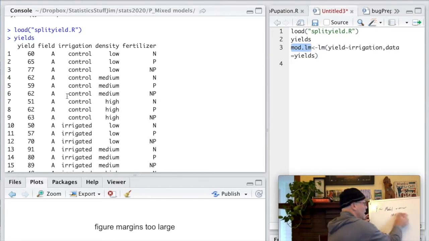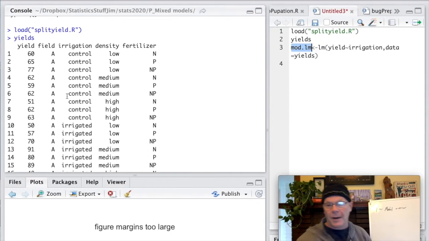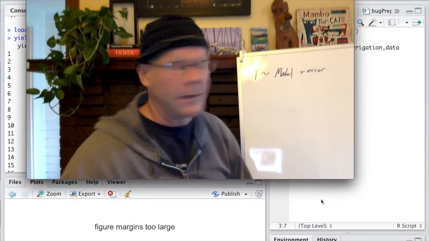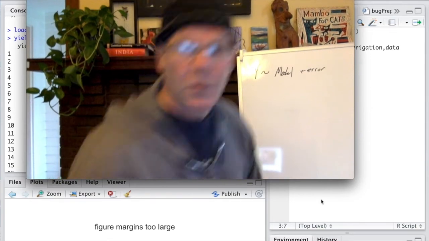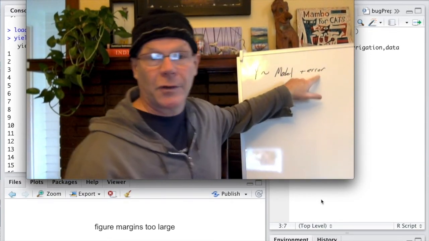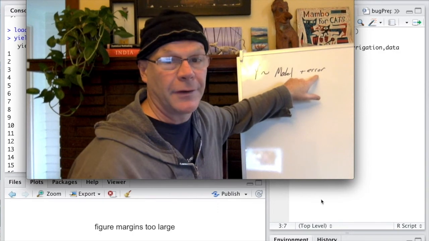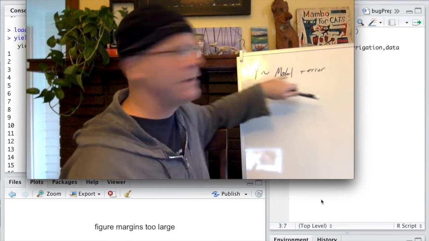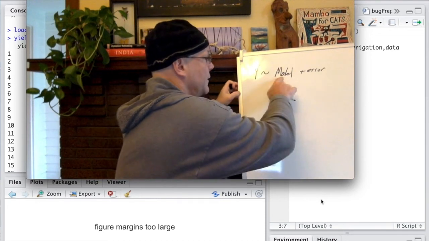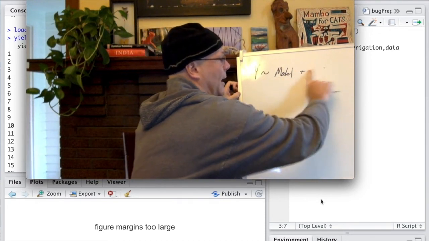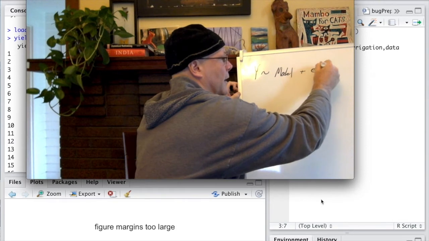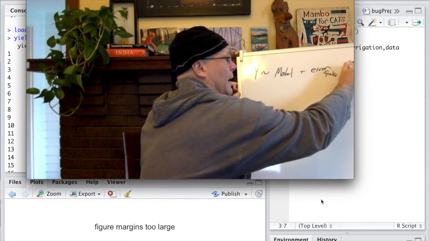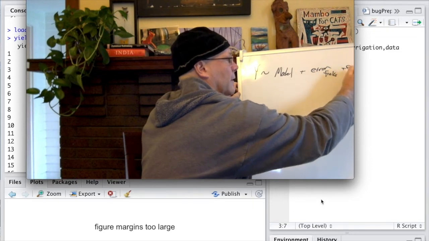So in our case here with our model, let me make this a little bit bigger because it is a whiteboard. There we have it. What we're going to do when we set up a mixed model is put structure to this error term. Given our example where we're trying to predict yield, instead of just saying plus error, we're going to have the error among fields, and then the leftover error.